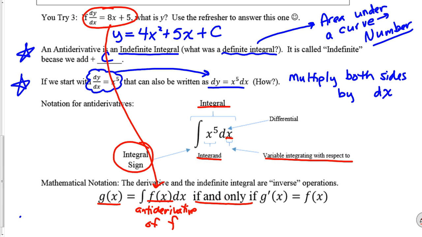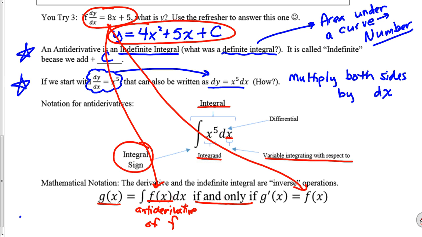The derivative is f. When I find the antiderivative, I get g. When I take the derivative of that, I get f again. That means that my answer, which was this, that's my g. Sorry, lots of lines everywhere. Okay, let's move on to the next page.